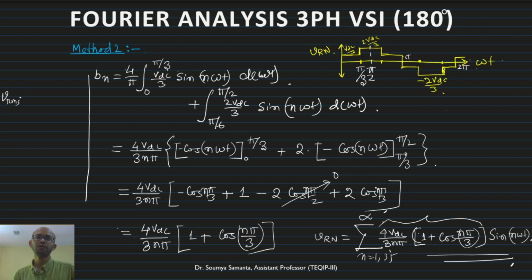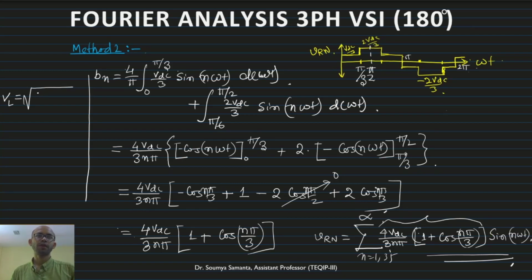For the line voltage, let's say capital V with subscript L represents the RMS. So what will happen there is the root of 1 by pi, this part will be the integration from 0 to 2 pi by 3 of VDC square d omega t.